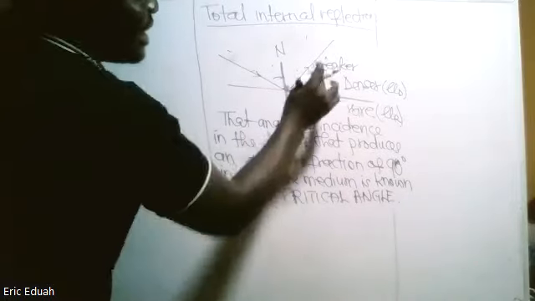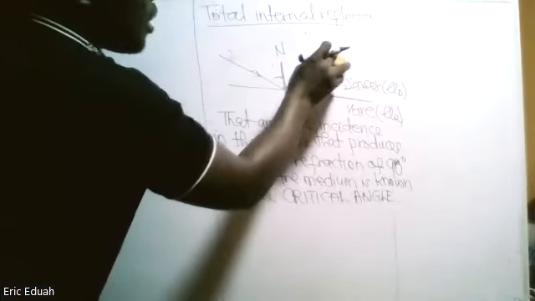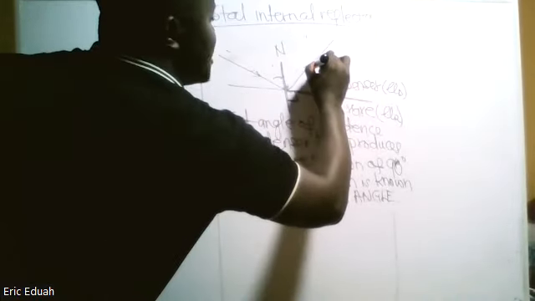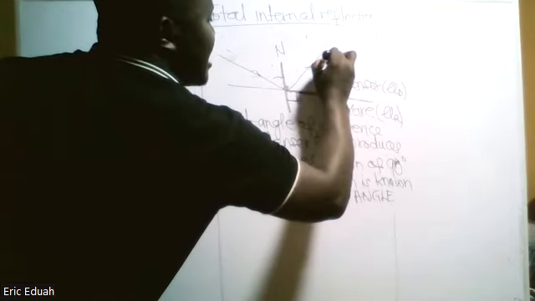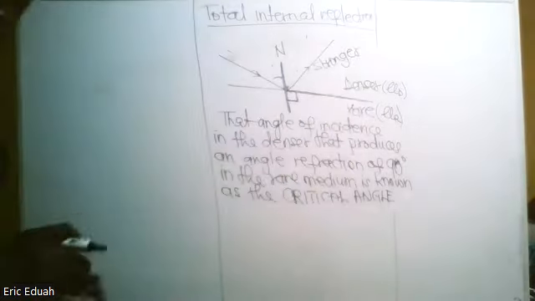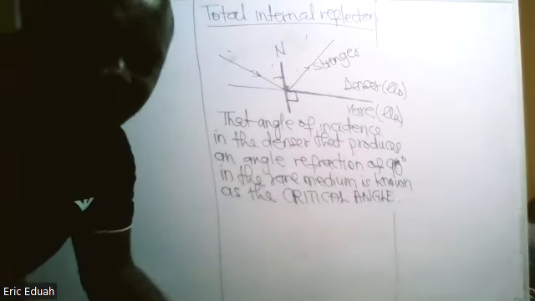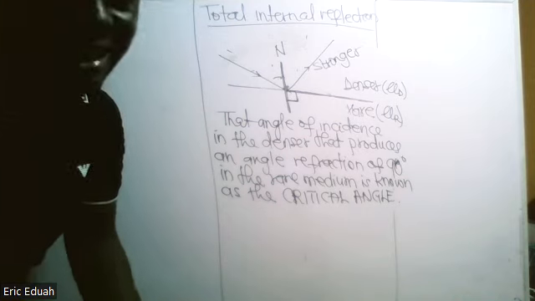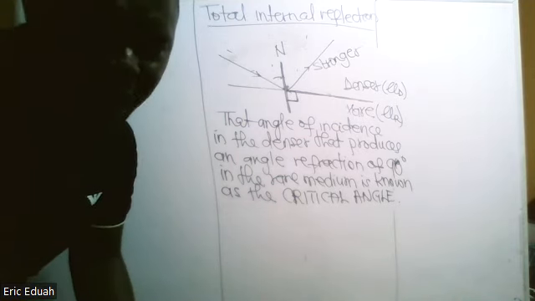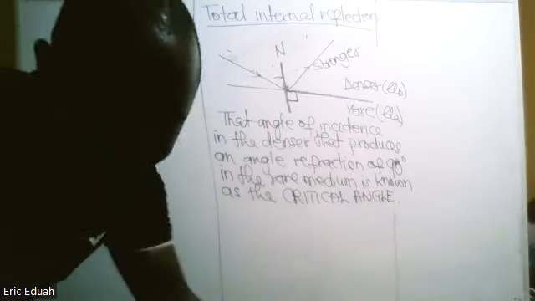And here, the reflected ray, which before then was weak, would be stronger in intensity. So we have a situation of 100% reflection of the incident light, and this we call total internal reflection.